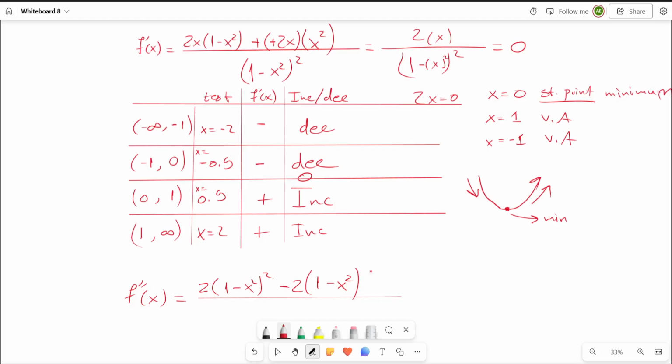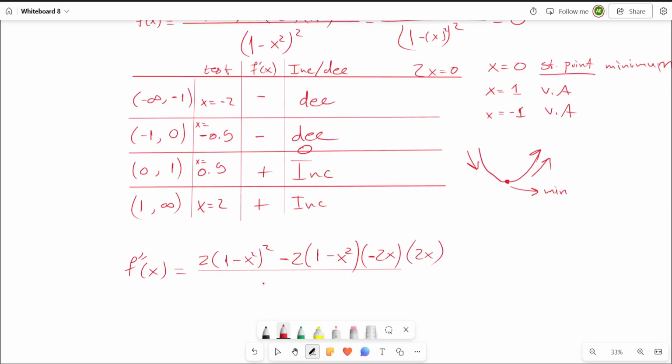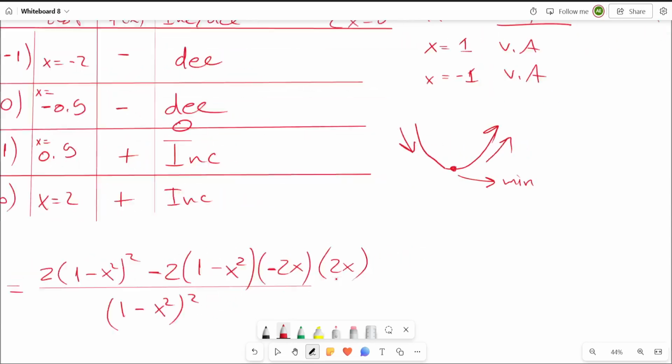And then I will reduce the power by 1, and then multiply by the differentiation of what's inside. The differentiation of what's inside is basically minus 2x. And then I will multiply by the numerator function, which is 2x, everything over 1 minus x squared all to the power of 2.